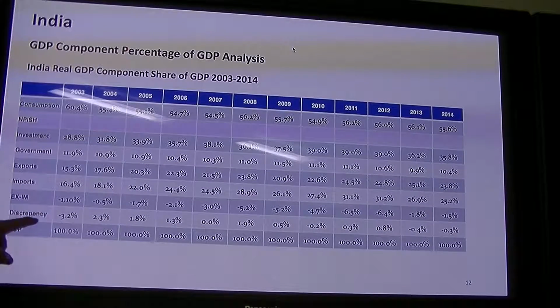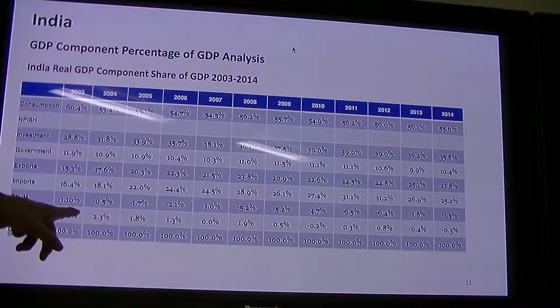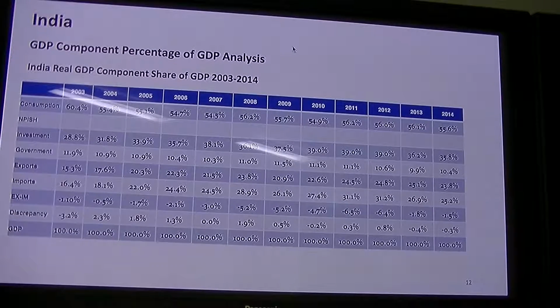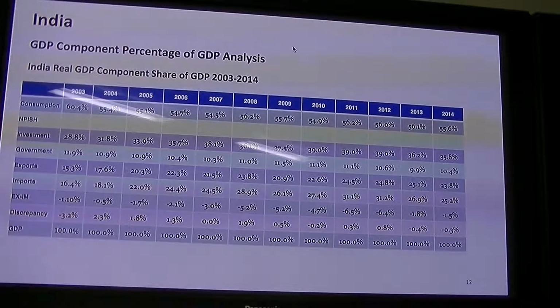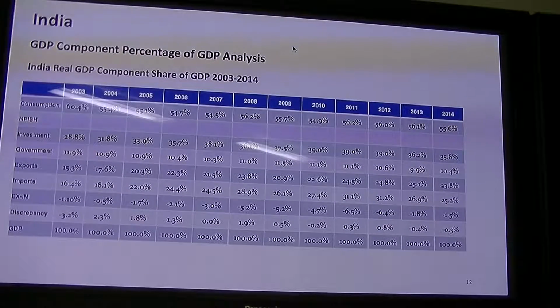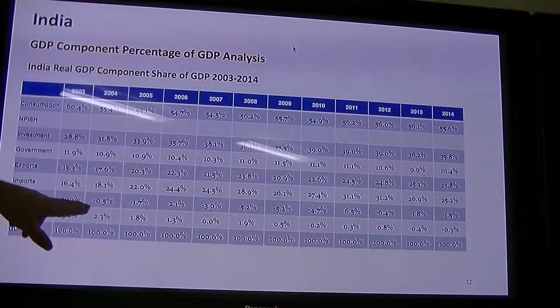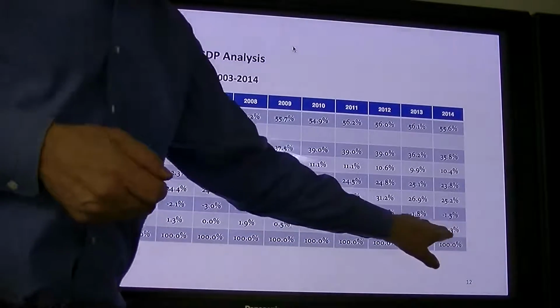Another thing I'm looking at is the discrepancy. The reason why I put this is you want to get a sense of how accurate the data might be, or at least the data that they collect, whether it's complete, how much data might be missing, and these figures are actually quite low.